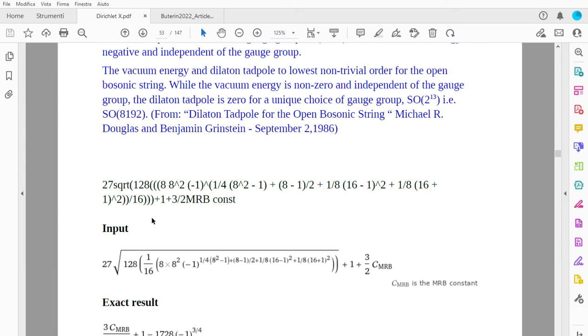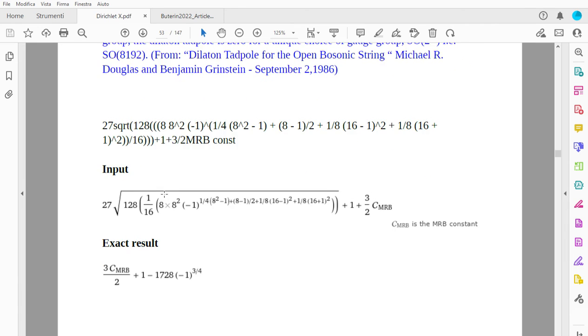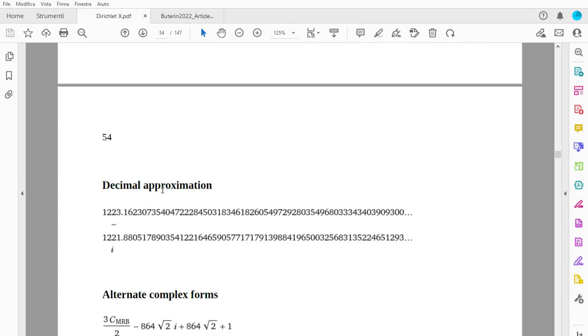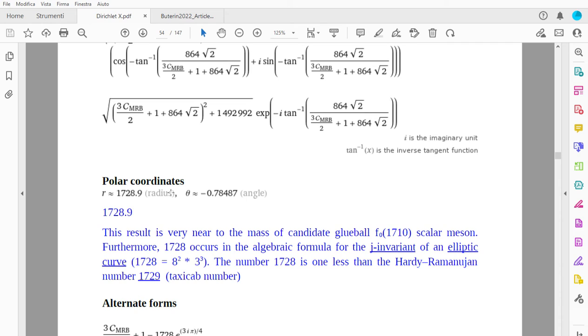Now, for this further calculation, we obtain another result, precisely a value that is very near to the mass of the candidate glueball scalar meson.